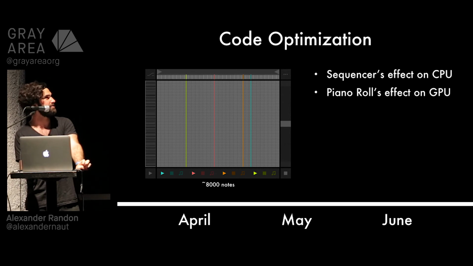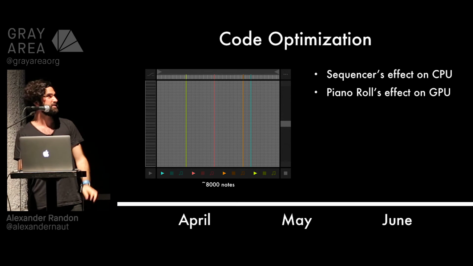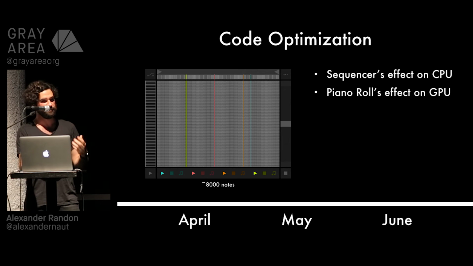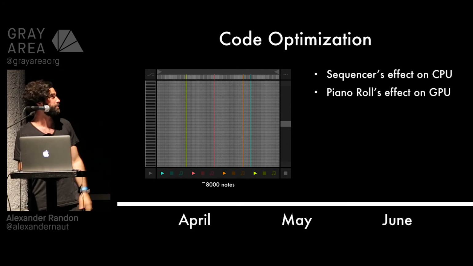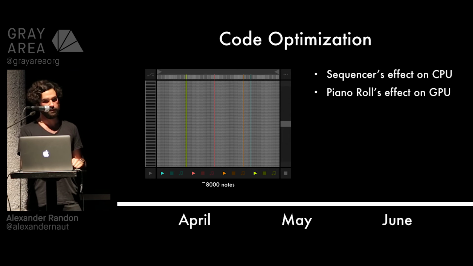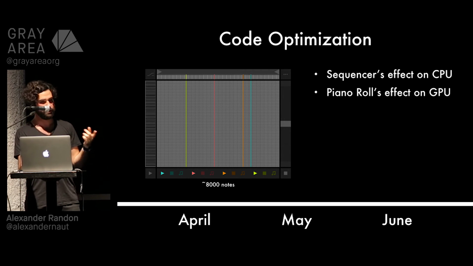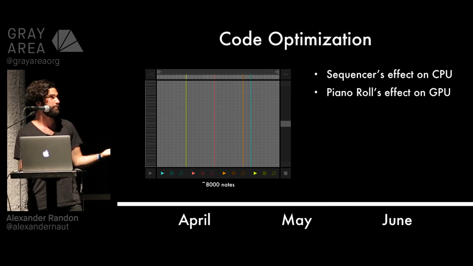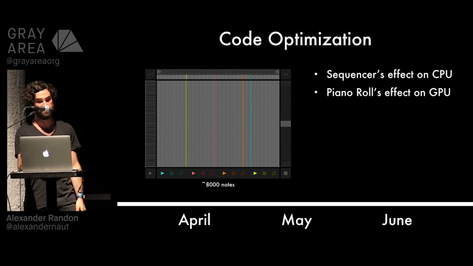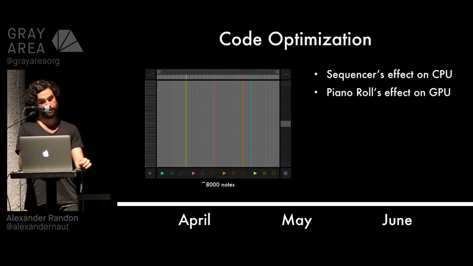So without diving into too much code, which may have been a good idea considering the audience tonight, I'm just proud to say that the CPU now in this situation maxes out at like 30% on an older iPad, and I completely redesigned the piano roll to work with just one object. So the GPU is much happier with dealing with one object compared to 8,000, which is pretty cool. I'm proud of that.